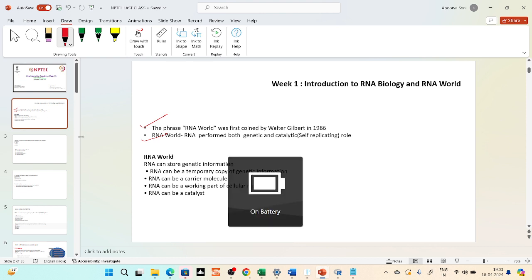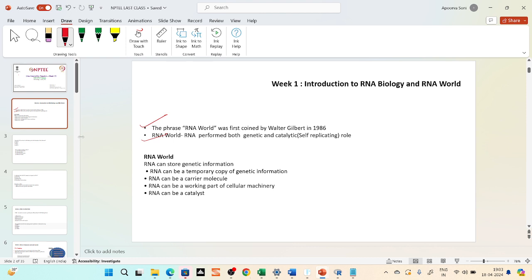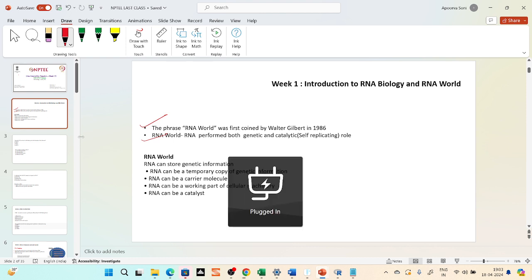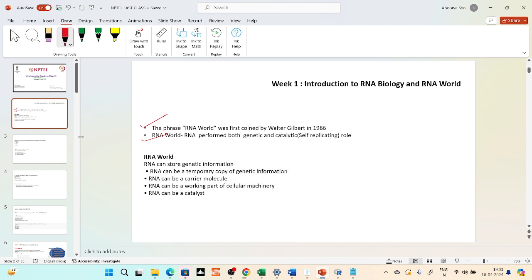Eventually, in the course of evolution, DNA evolved as a genetic material because DNA is more stable than RNA. RNA is not very stable. And that's why DNA evolved as a genetic material in due course of time. But initially, RNA was the one which used to perform both genetic as well as catalytic function.